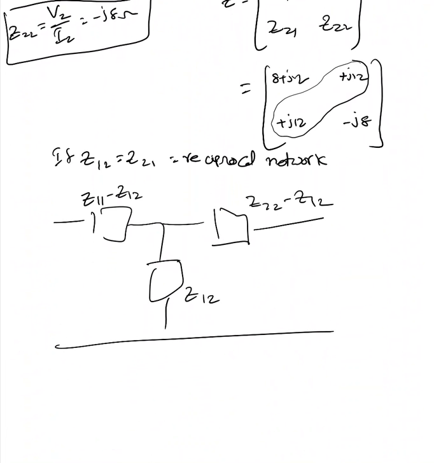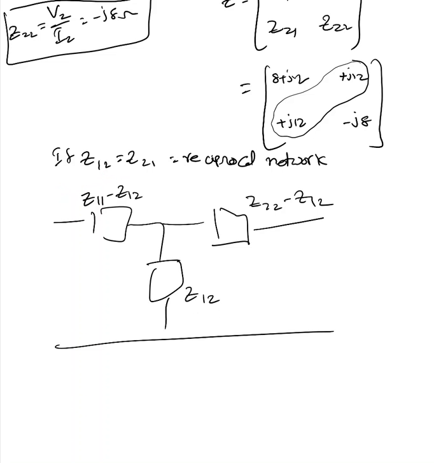So from there you can tell what these parameters are. This Z11 I have, 8 plus J12, and Z12 is J12.